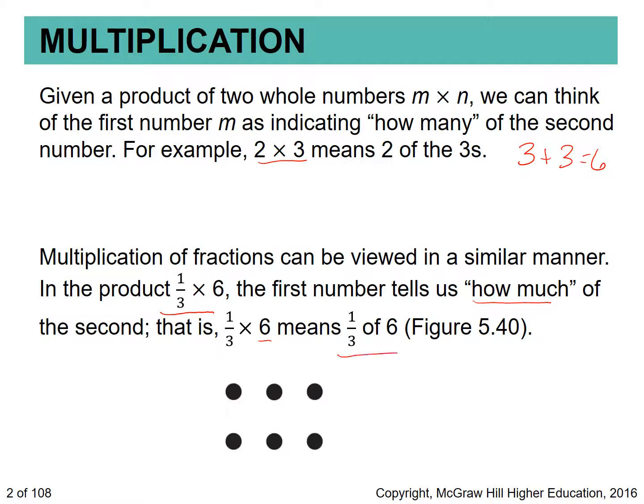So we often say 1/3 of 6 to mean multiplication. So here I've got 6 dots, right? And if I circle 1/3 of them, then I have that 1/3 of 6, or multiplied by 6, is 2 dots.